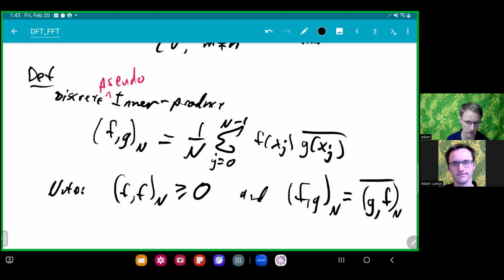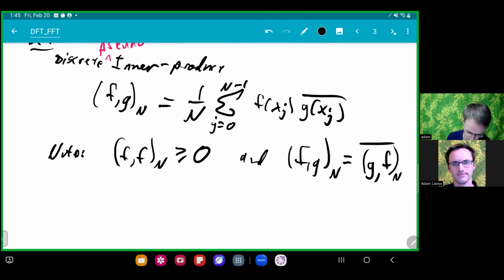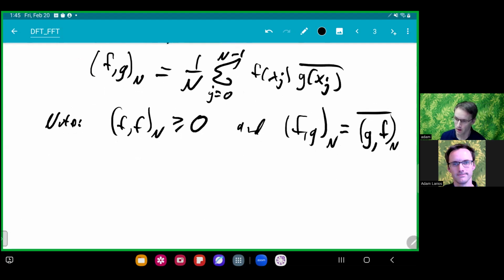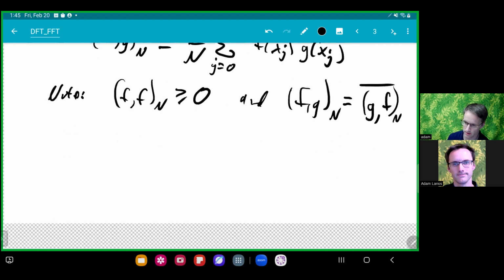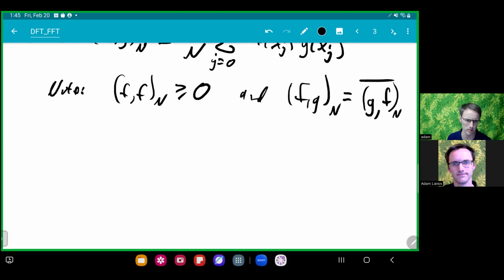We don't have quite positive definiteness, but we have the other important properties such as linearity in the first argument and conjugate linearity in the second argument, which are pretty obvious. So we're not too worried about whether or not it's actually an inner product.